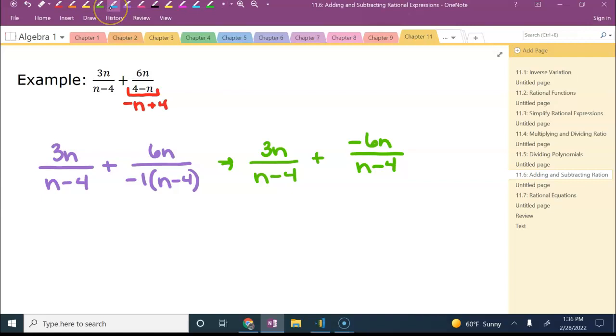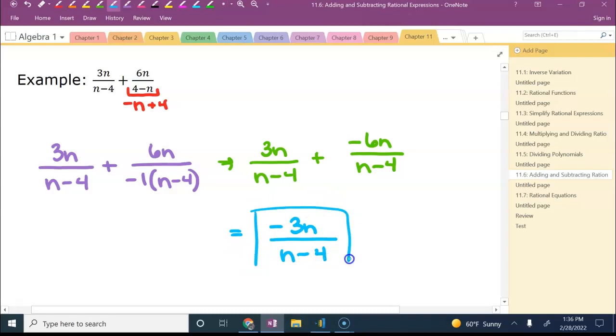So we have 3n plus negative 6n, which would be negative 3n, and then it's still over n minus 4. So this one did not get a 0 on the top, unlike the last one. And so I was able to simplify it by adding those like terms together, and then just leaving that fraction as is, because there's nothing that I could take out or reduce there.